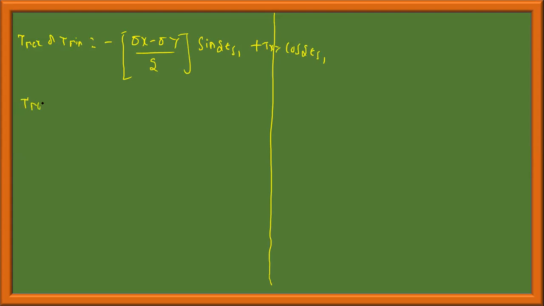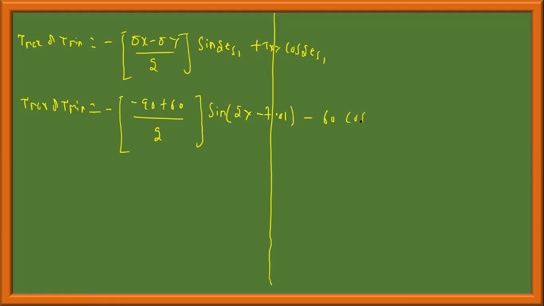That is equal to minus of minus 90 plus 60 by 2 into sine 2 into minus 7.01 minus 60 cos 2 into minus 7.01.